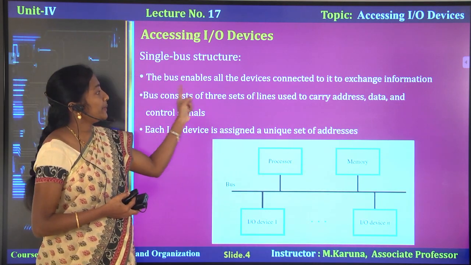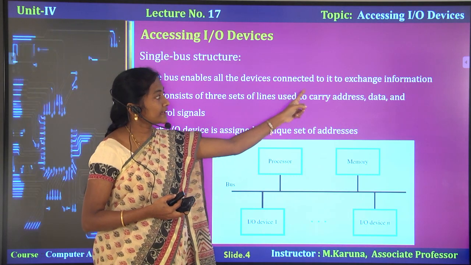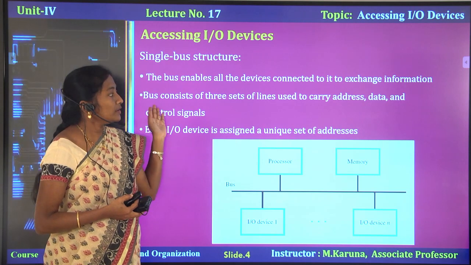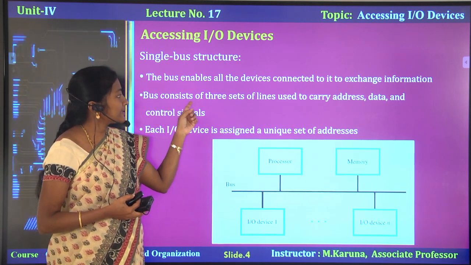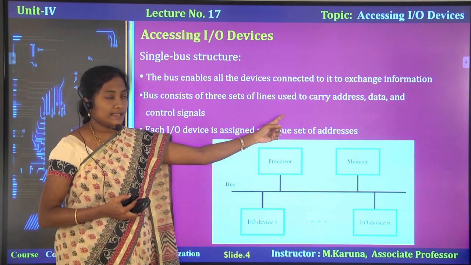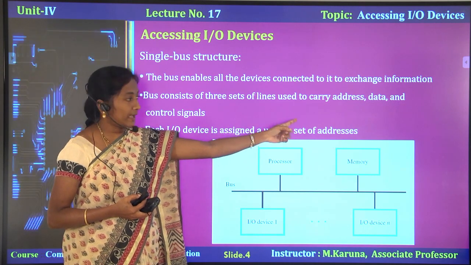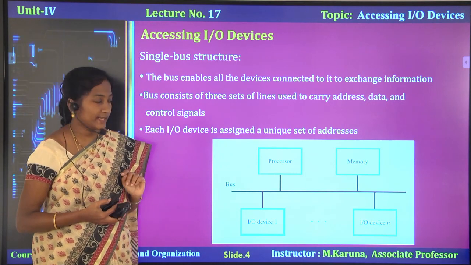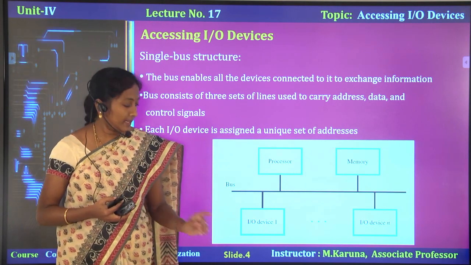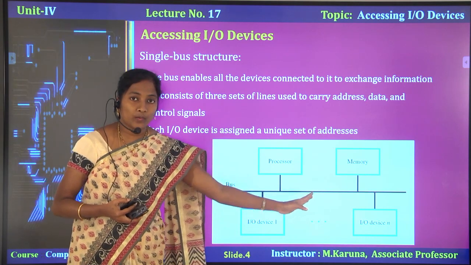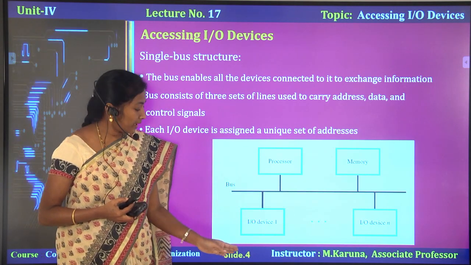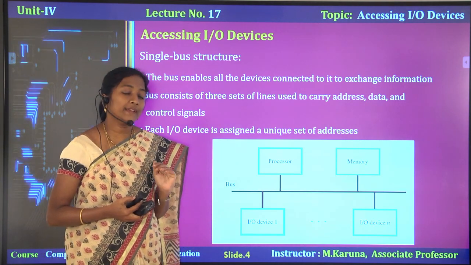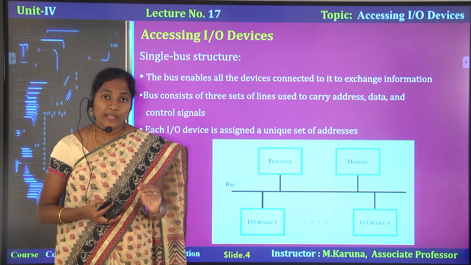The bus enables all the devices connected to it to exchange information, carrying address, data as well as control signals. Each I/O device, here I/O device 1, 2, 3, and likewise, is assigned some unique address.